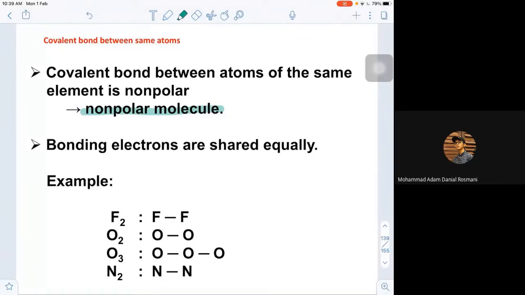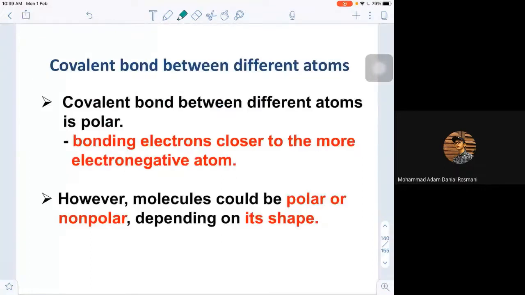However, if the covalent bond is made between different atoms that have different electronegativity, we know that the bonding electrons are closer. The electrons that they share will be closer to the one that is more electronegative.